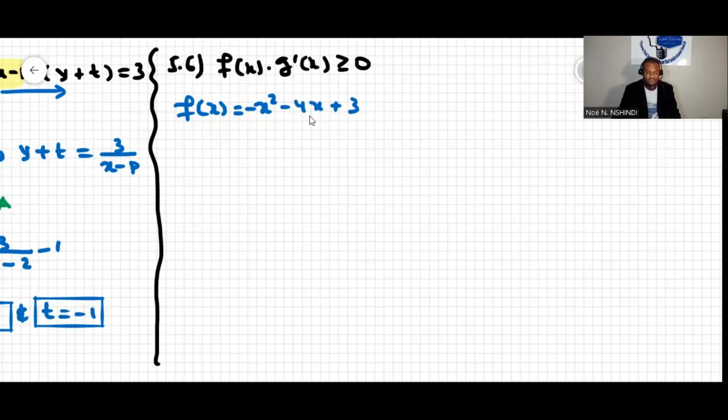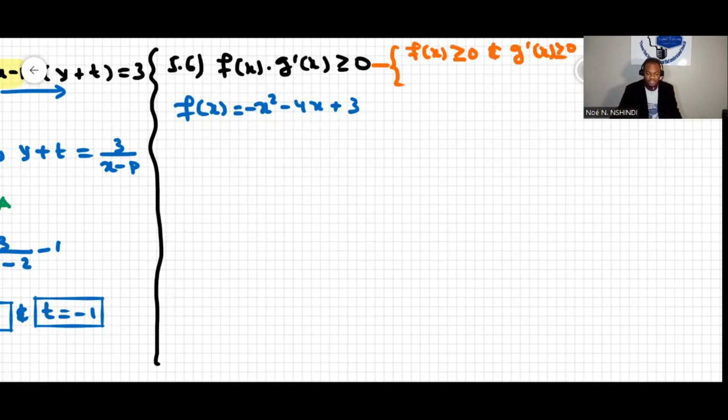Before even starting to answer this, I can go over here. This can be true only if f of x is positive and at the same time g prime of x is also positive, because positive times positive makes positive.